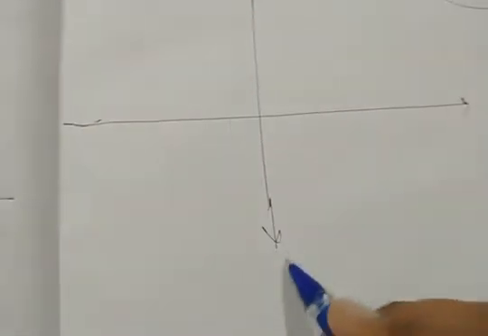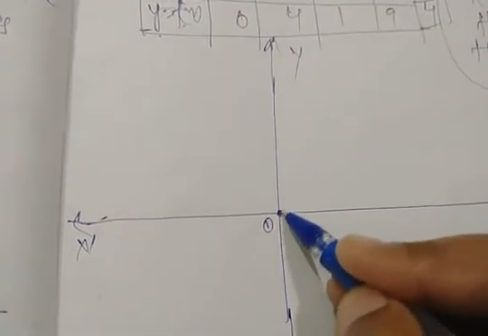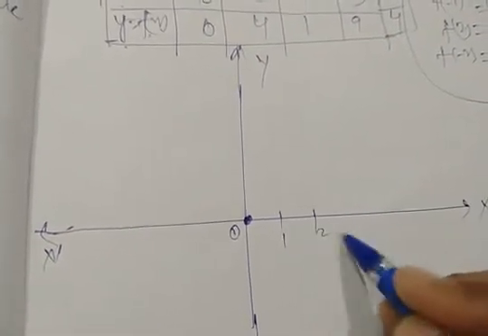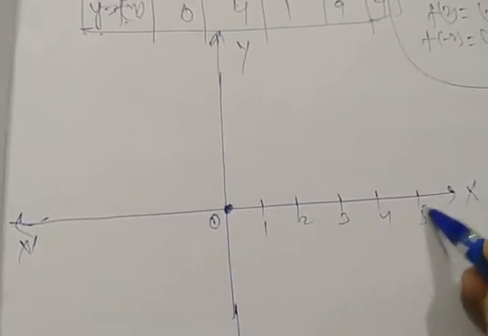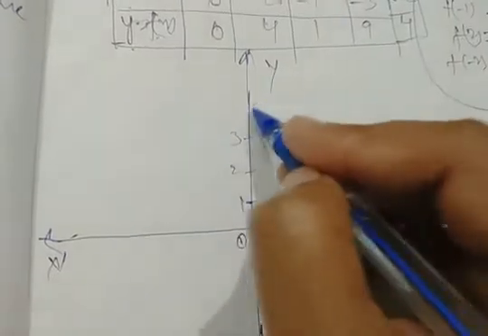So let's see on the graph. That is y' o y, x' o x. Now, when we put x equal to 0, then we get y equal to 0 here. That is 1 2 3 4 5 6, 1 2 3 4 5 6.